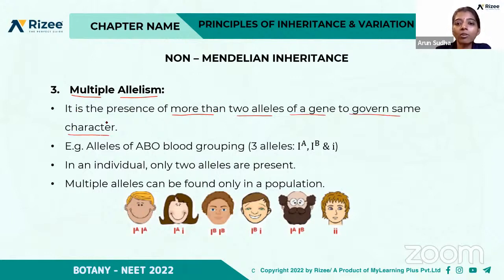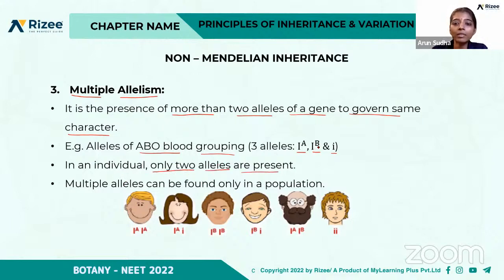Till now, we saw that only 2 alleles of a gene govern a particular character. But in the ABO blood grouping, 3 alleles are present, that is IA, IB, and i. But since humans are diploid, only 2 alleles are present in an individual.